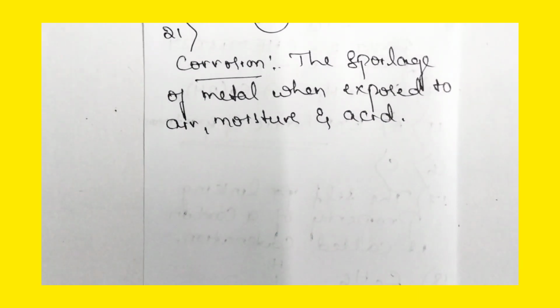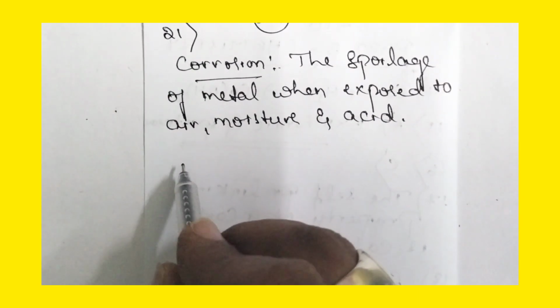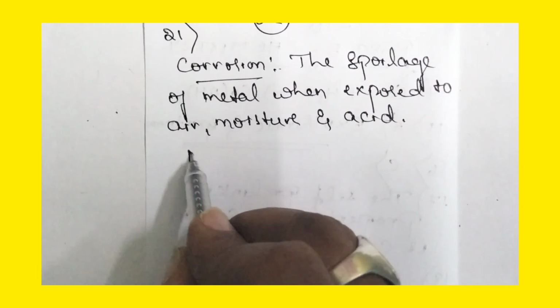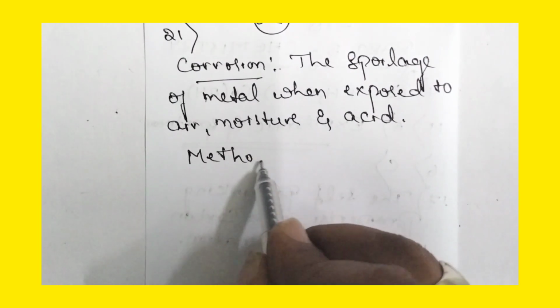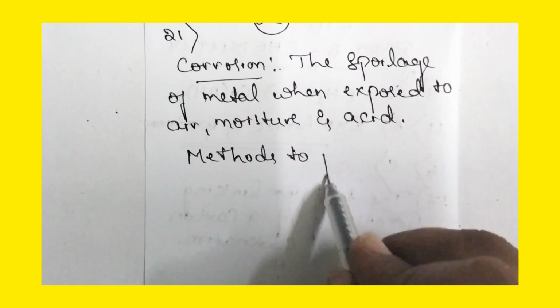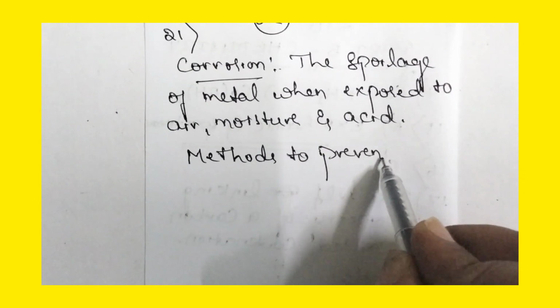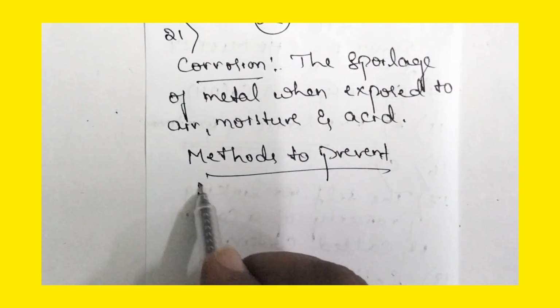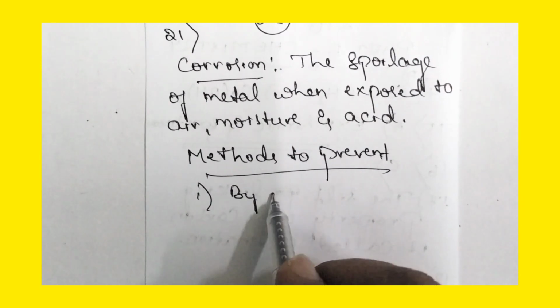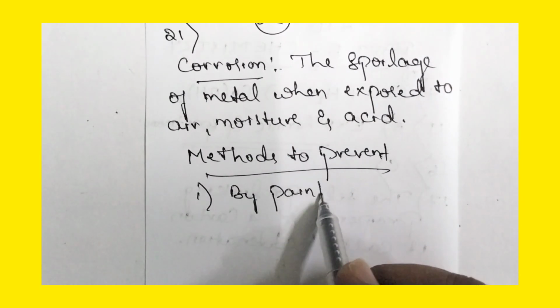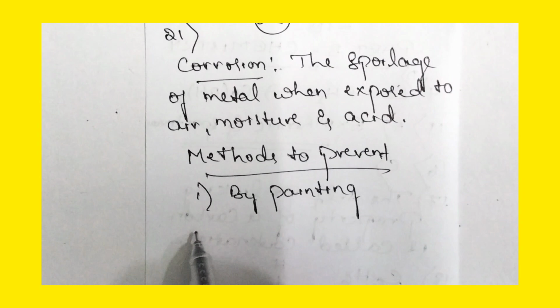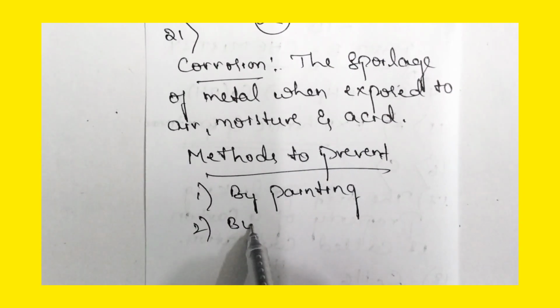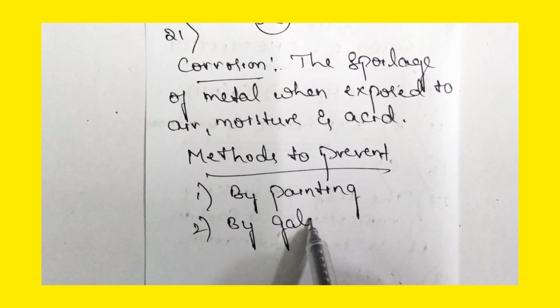Then he asked, what are the two methods to prevent corrosion? So which are the methods we can use to prevent corrosion? By painting. By painting we can avoid corrosion. Then second one, by galvanizing.